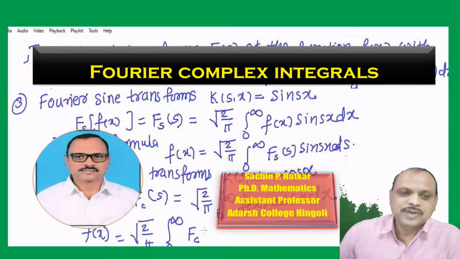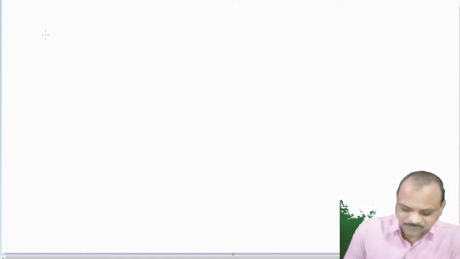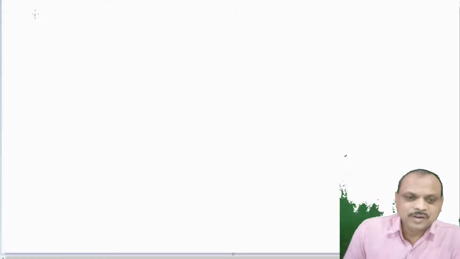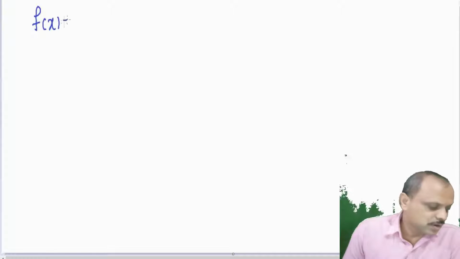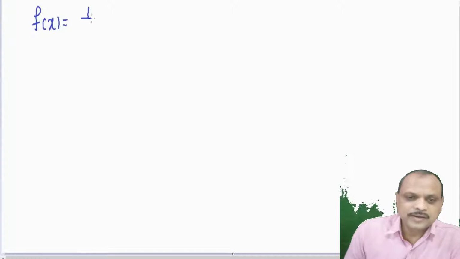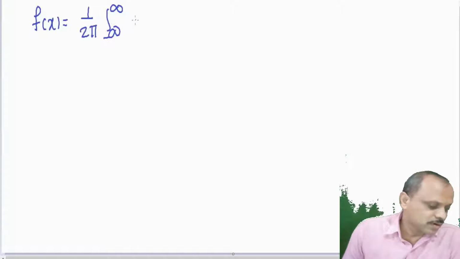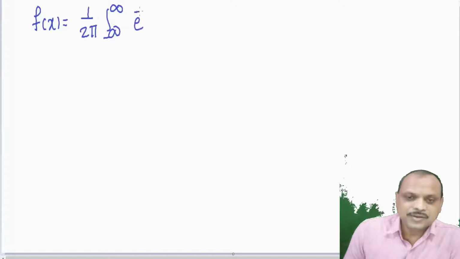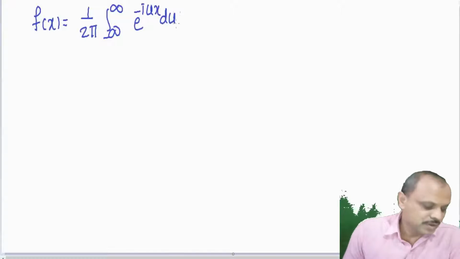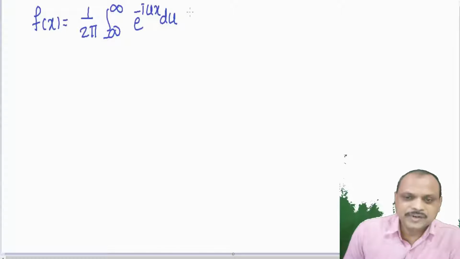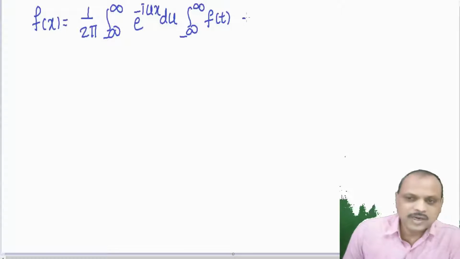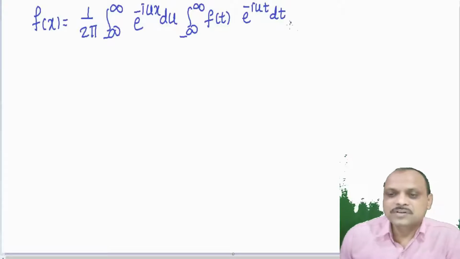The formula of the Fourier complex integral is f of x equal to 1 divided by 2 pi, integration minus infinity to plus infinity e raised to minus i u x into du, integration minus infinity to plus infinity f of t into e raised to minus i u t into dt. So this is the form of the Fourier complex integral.